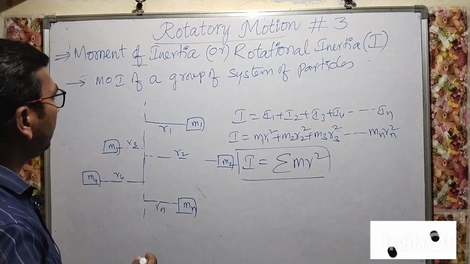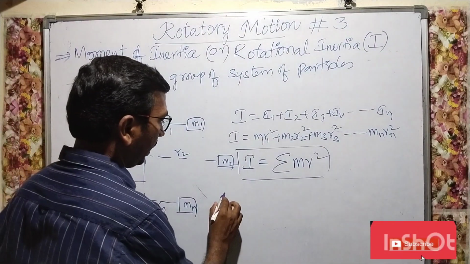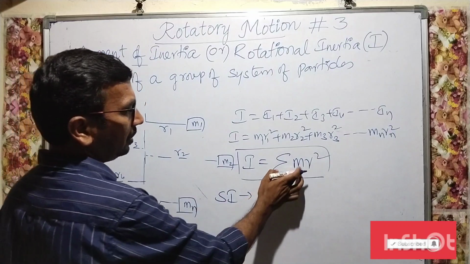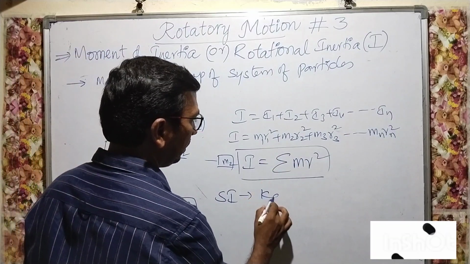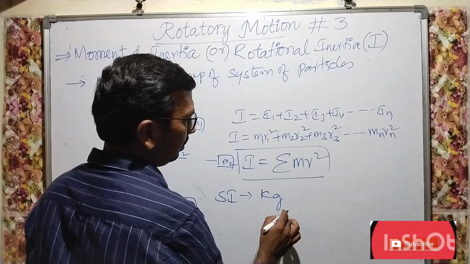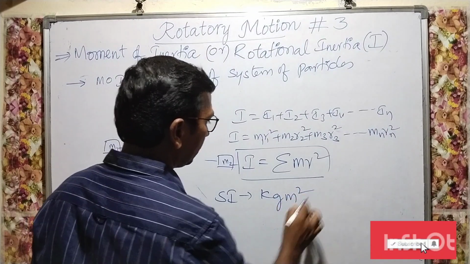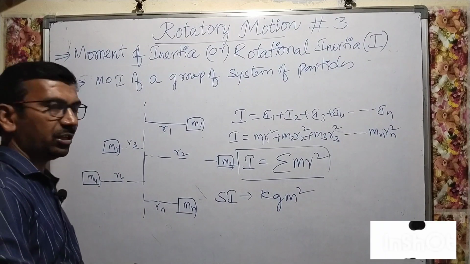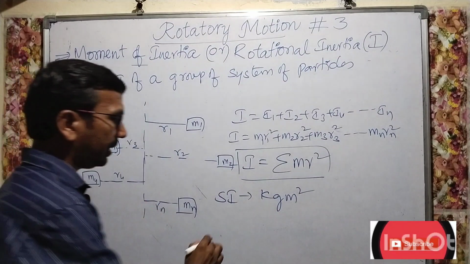What is the SI unit of MOI? Mass is measured in kg and distance in meter, so the SI unit is kg meter square. This is the SI unit of moment of inertia. It is a scalar physical quantity.